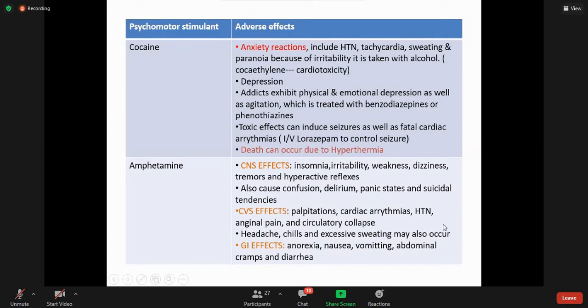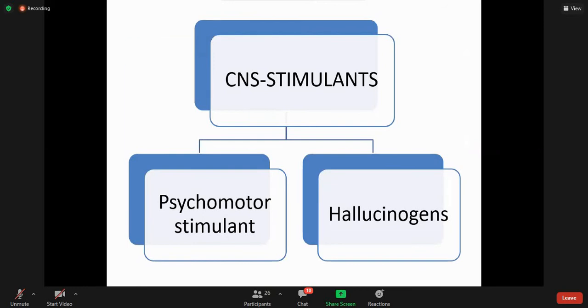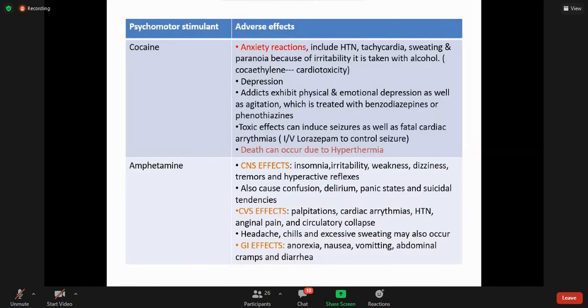Depression: addicts exhibit physical and emotional depression as well as agitation, which is treated with benzodiazepine or phenothiazine. Toxic effects can induce seizures as well as fatal cardiac arrhythmias. So an antidote like IV lorazepam can be used to control seizures. That can occur due to hyperthermia, right?